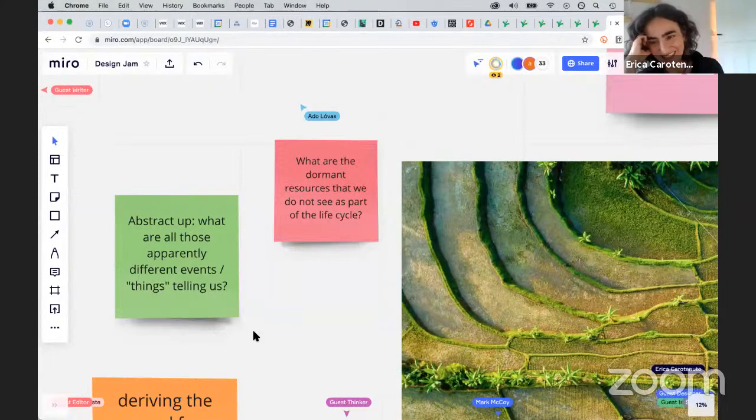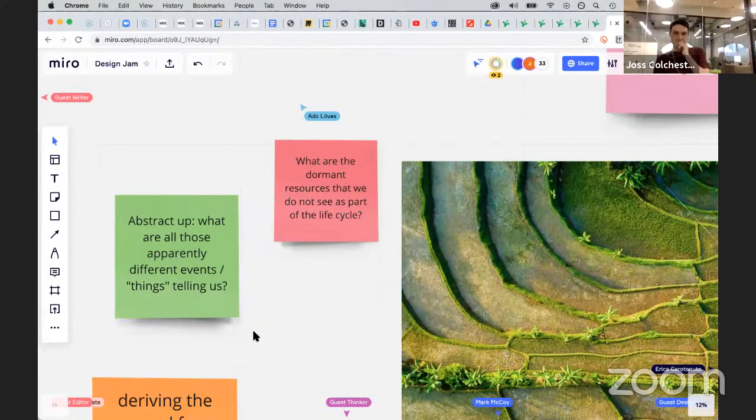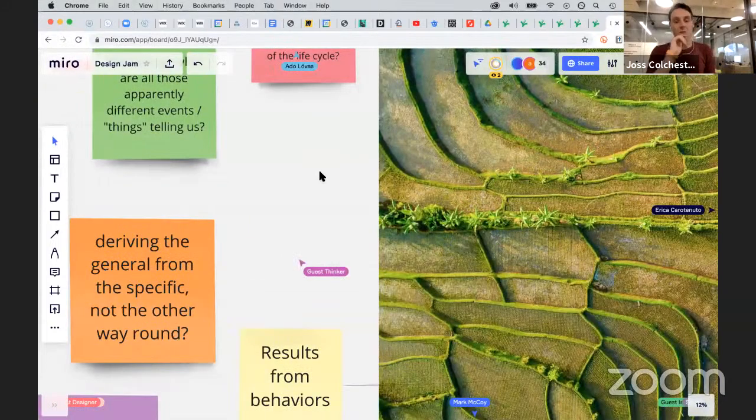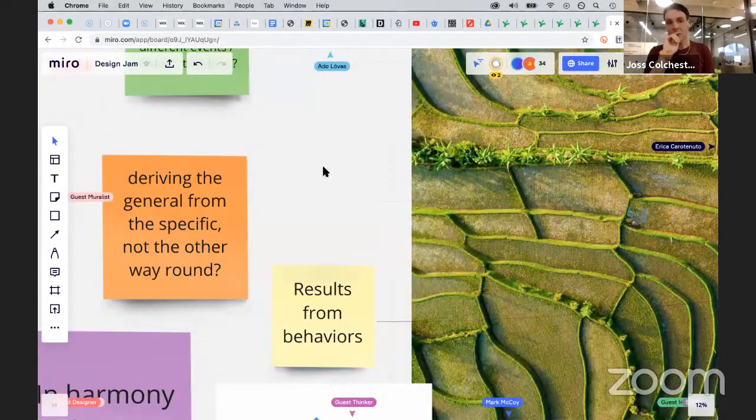So we don't take that step back and let the system talk to us. Just stop and listen to what's going on and what's needed. Okay, deriving the general from the specific, not the other way around.